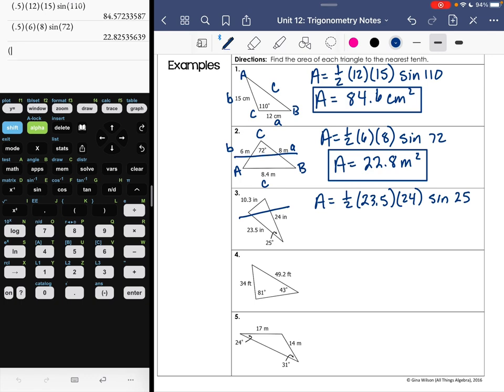So again, you can type that in. Make sure that you've typed everything correctly. And so the area of this triangle is 119.2. This is in inches squared.